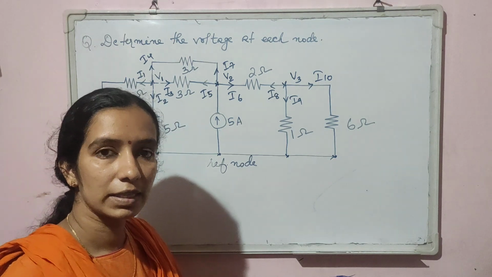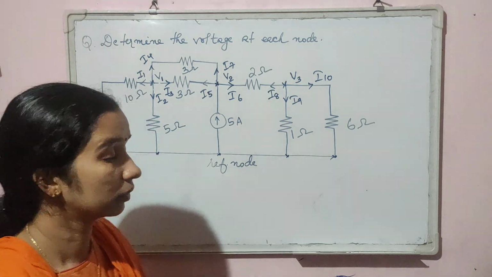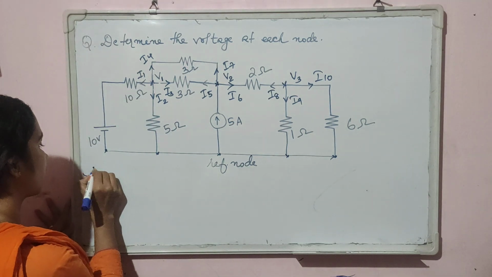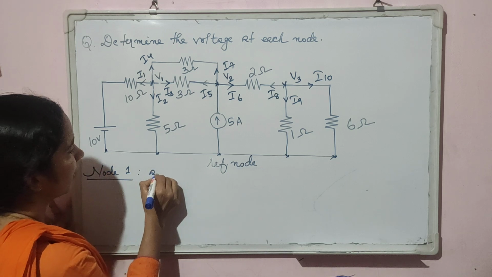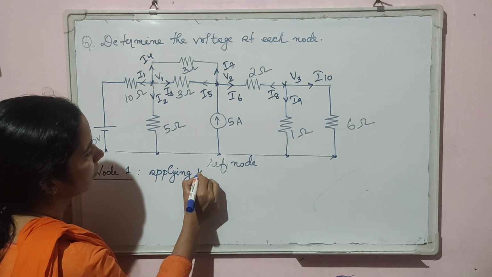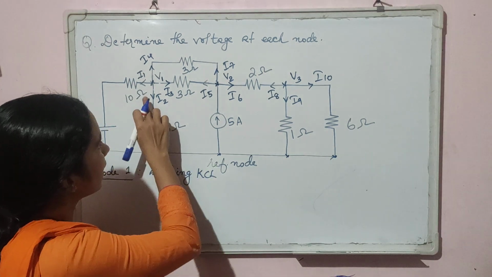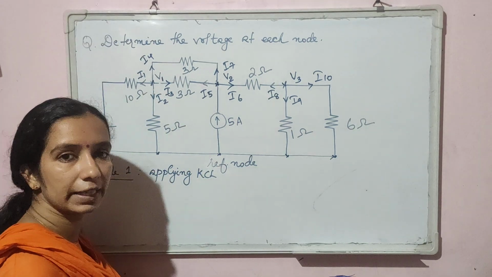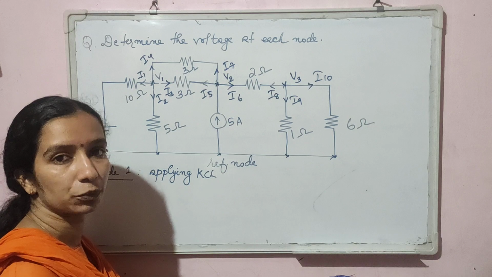Now consider each of the nodes and apply Kirchhoff's current law. So let us consider node 1 first. Applying KCL to node 1, we can see there are 4 branches meeting at node 1, and all the branch currents are leaving from the node.